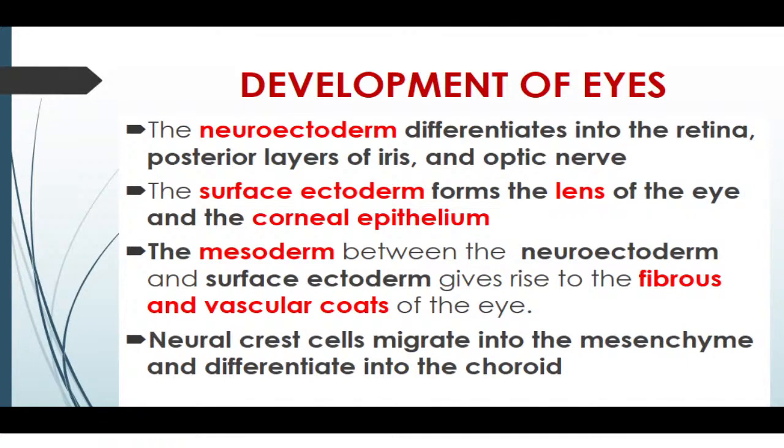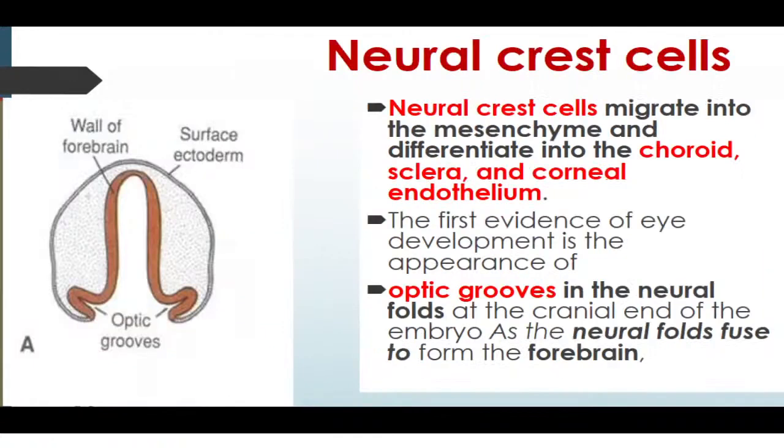Neural crest cells migrate into the mesenchyme and differentiate into the choroid. Choroid plexus is one of the main types of vascular elements. Neural crest cells differentiate into the choroid, sclera, and corneal endothelium.